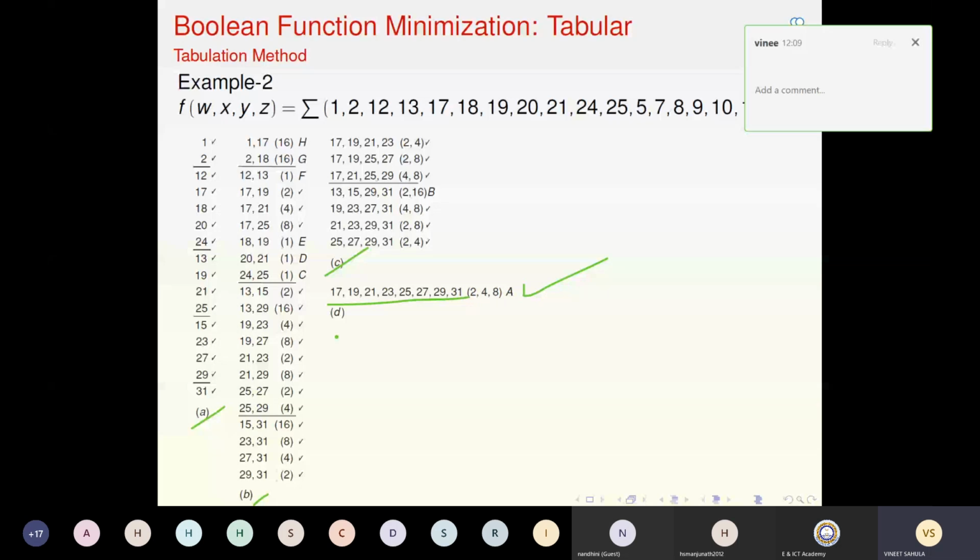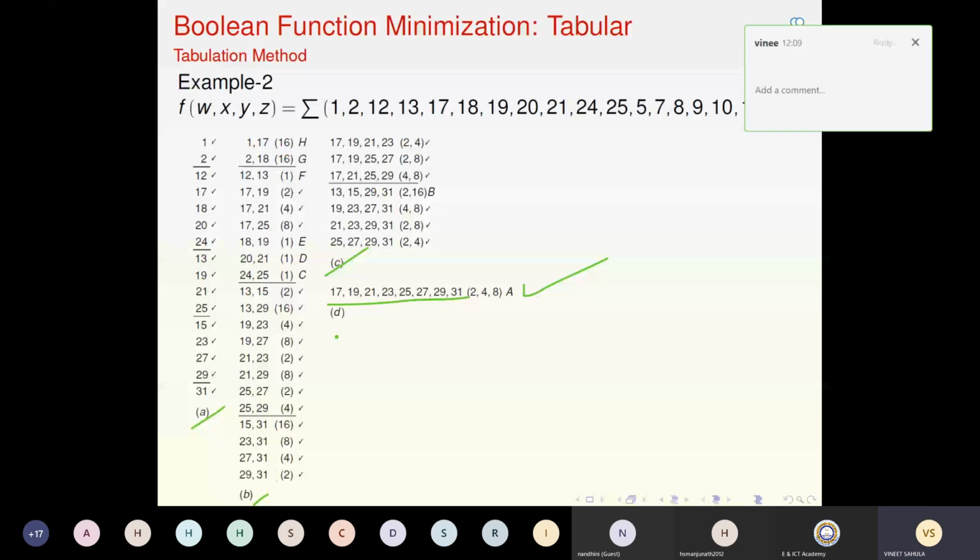The covering problem is more tough now. I have 8 implicants and all the minterms which are given. And I have to find out the essential ones. So if you see, 1 is covered only by H. So H is essential. 2 is covered by only G. So G is also essential. So identify all rows with one tick only.